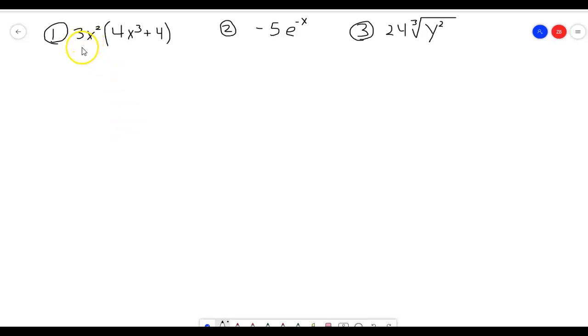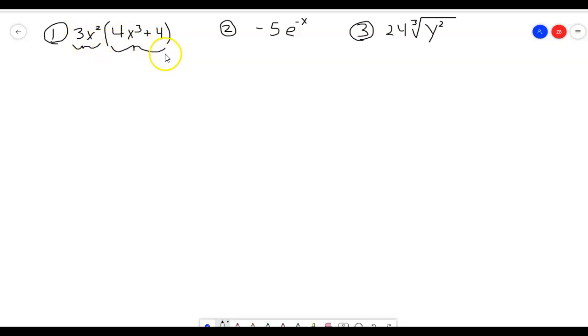So the first one I have is, I want to find the derivative of 3x squared times the quantity of 4x cubed plus 4. Now I have two different ways that I can immediately see to do this. I can either use the product rule, since it's the product of two separate functions. I have one function, 3x squared, and I can also identify a second function as 4x cubed plus 4.